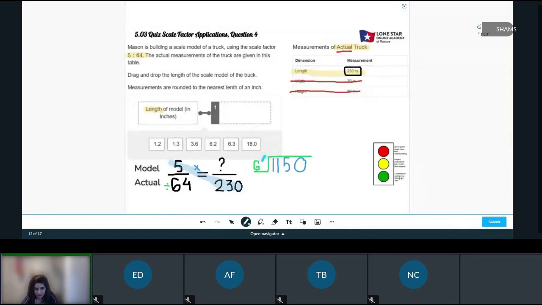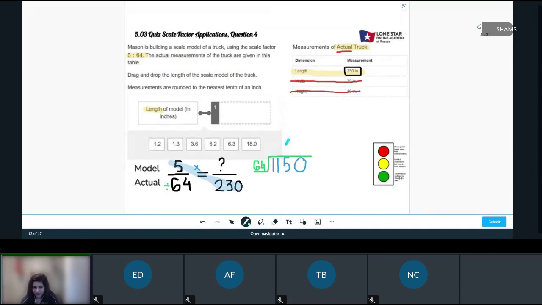Everybody go divide by 64. Tell me how much you get, and you can also tell me an approximated answer. So 1,150 divided by 64. Yes, Nina, exactly right.